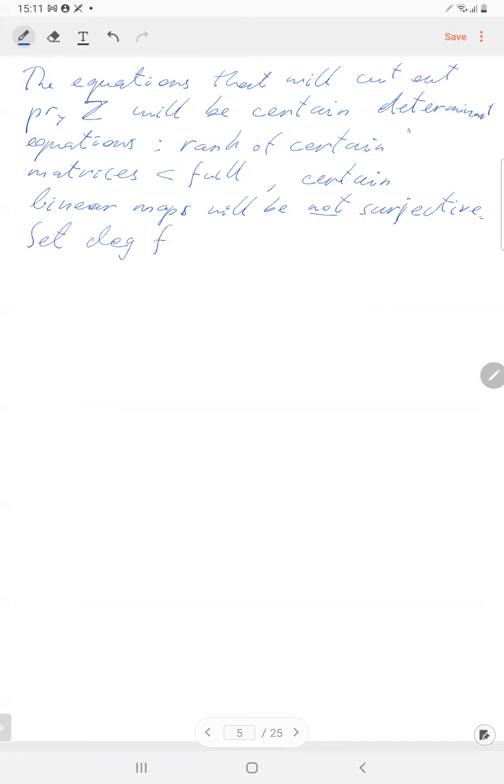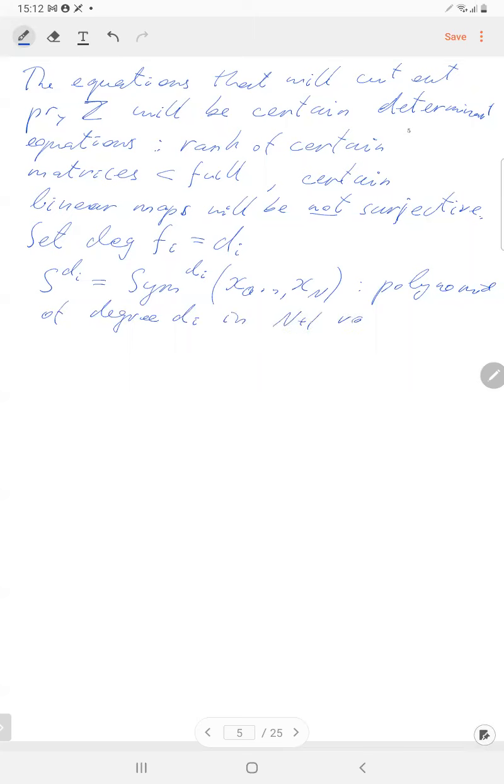So the degree of Fi will be denoted by di, and we have say the space, let me note S di will be the space of polynomials of degree di in the variables x0 and so on, x capital N. Okay, so these are polynomials of degree di in n+1 variables.